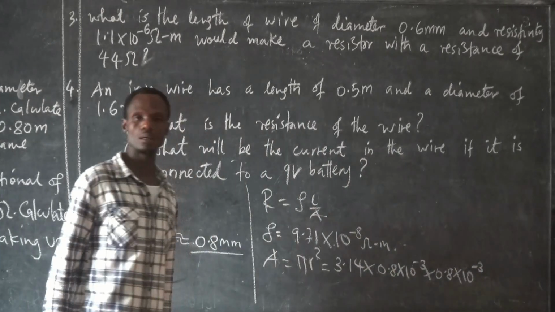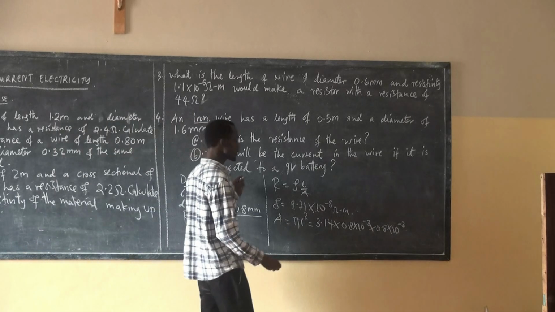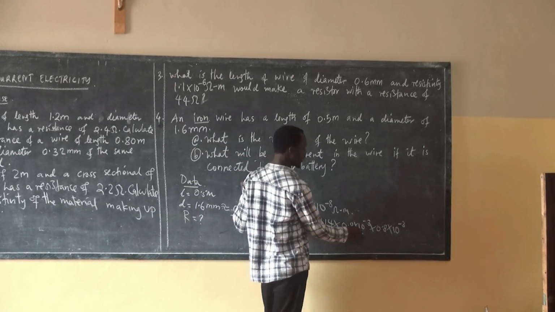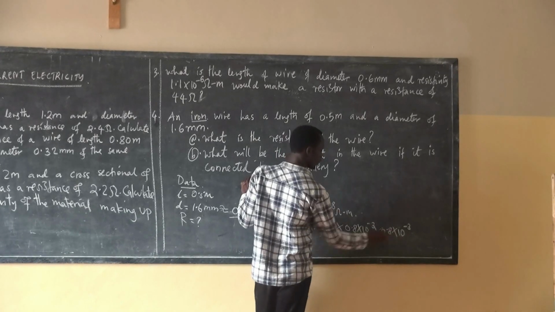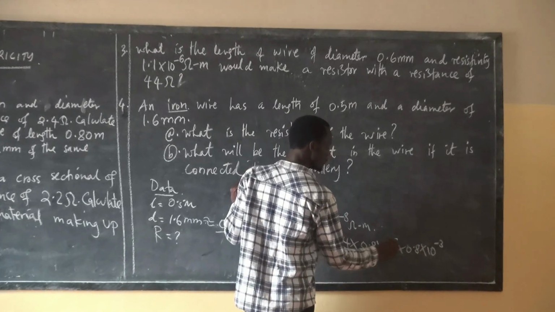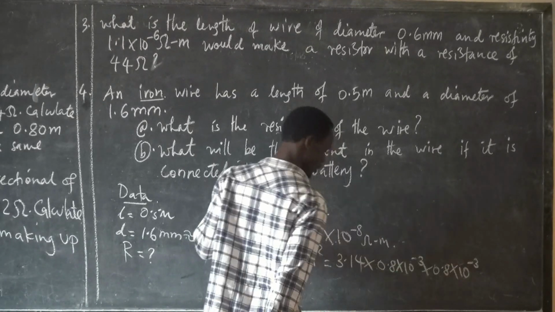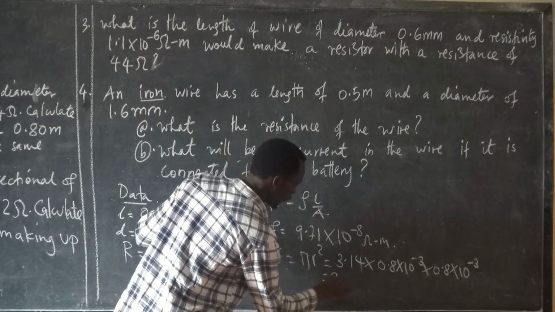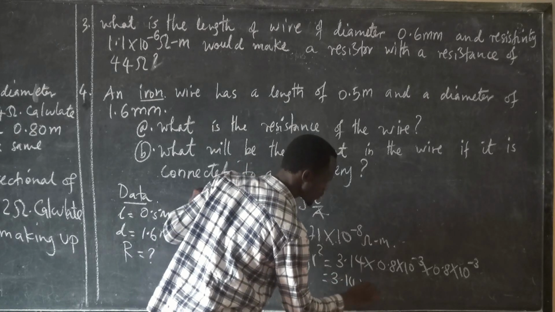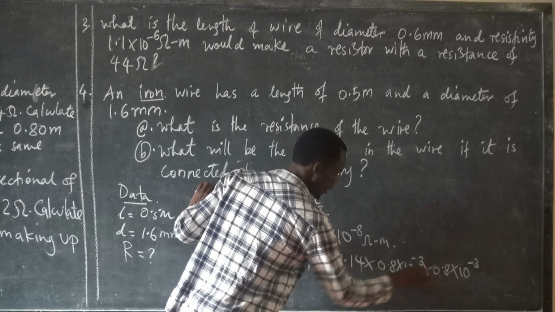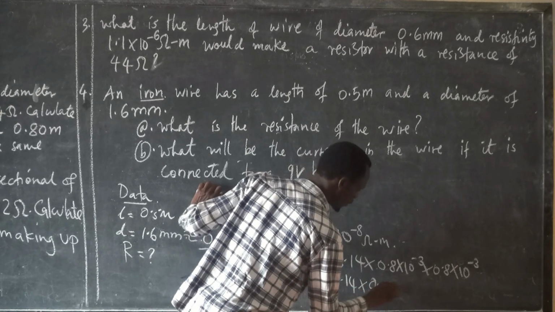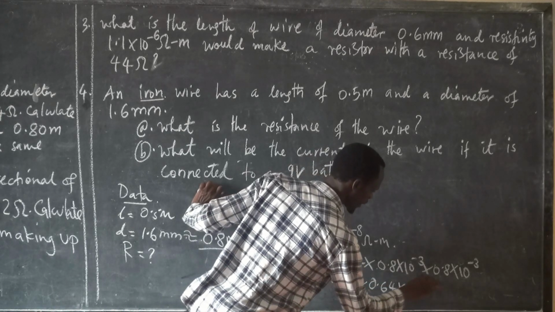Si ndio hivyo jamani? Kwa maana hiyo, according to the exponential law, 10 power negative 3 times 10 power negative 3. Ambapo itakuwa ni 3.14 times 0.64 times 10 power negative 6.